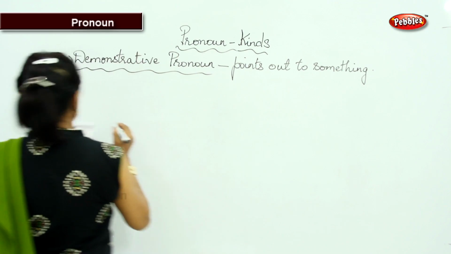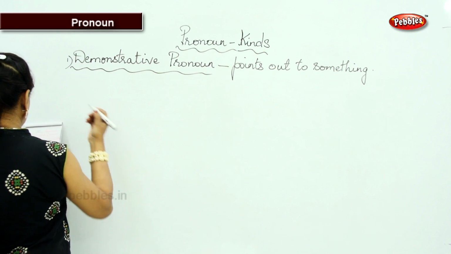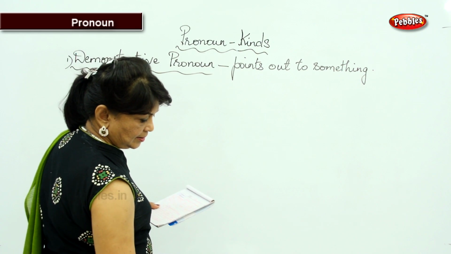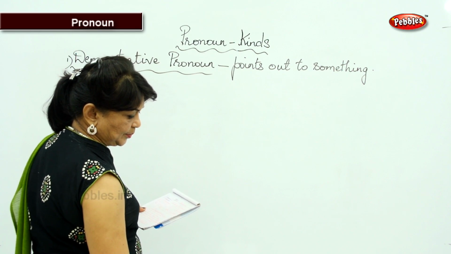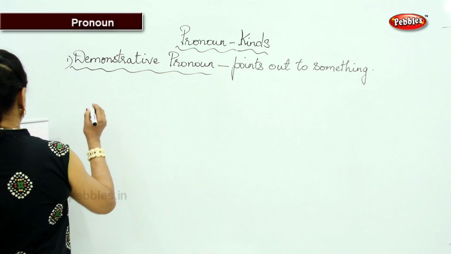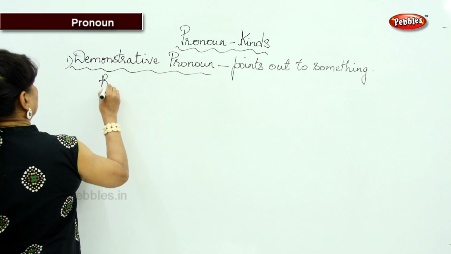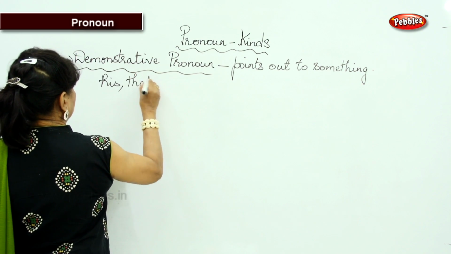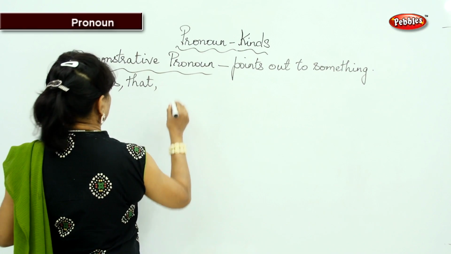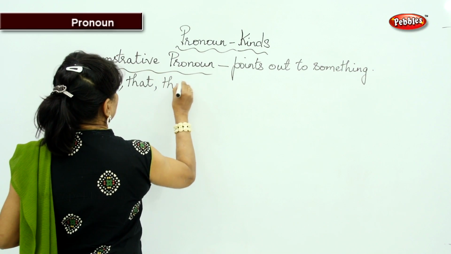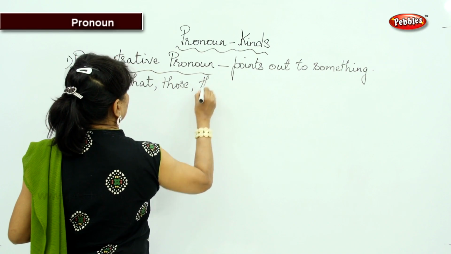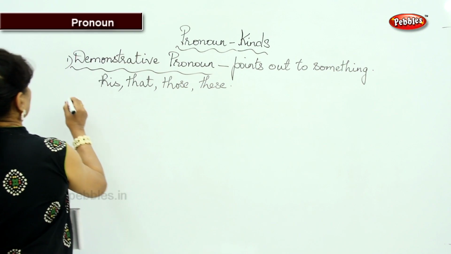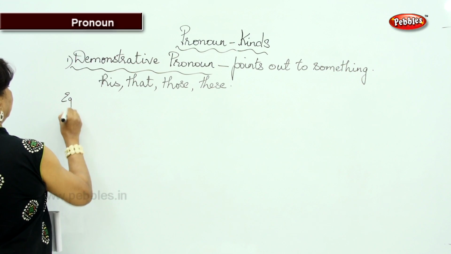Now, I will just give you what these demonstrative pronouns are, and then I will give you examples. This, that, those and these. These are the demonstrative pronouns. I will give you examples now.